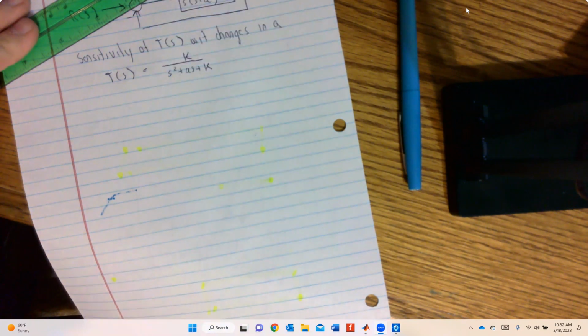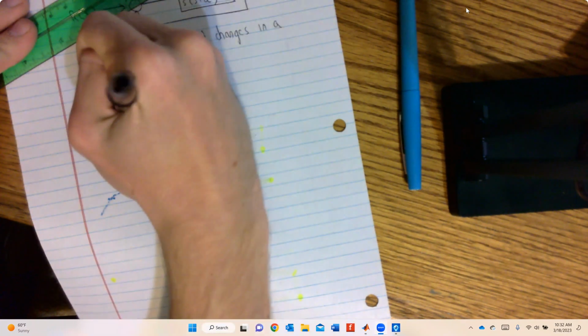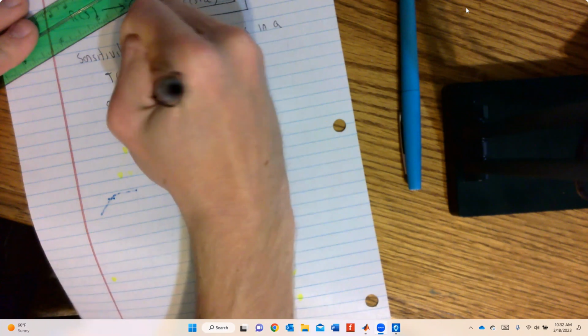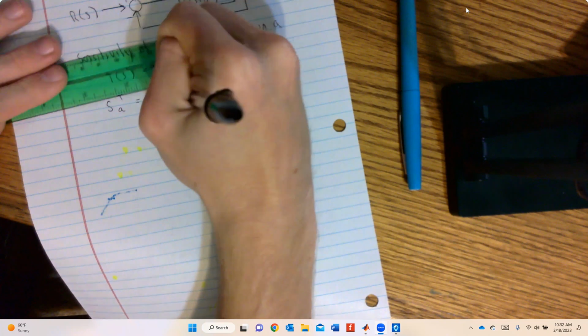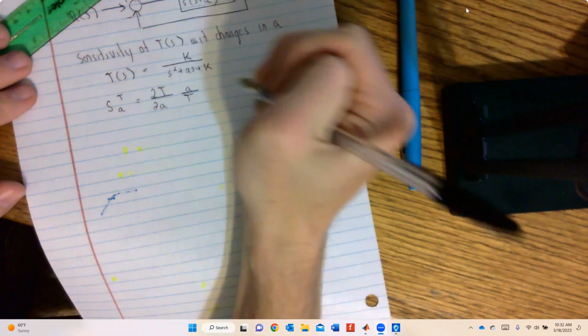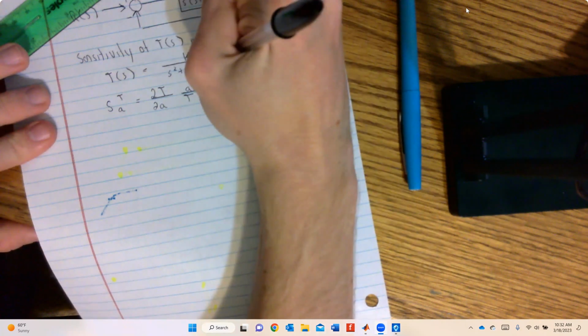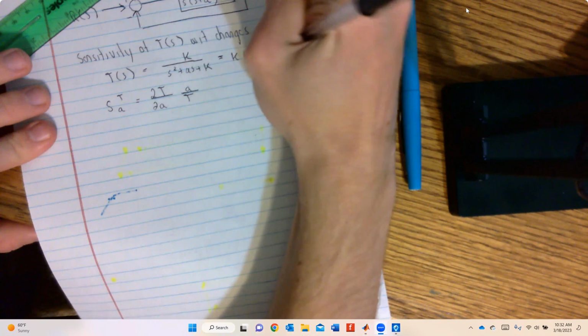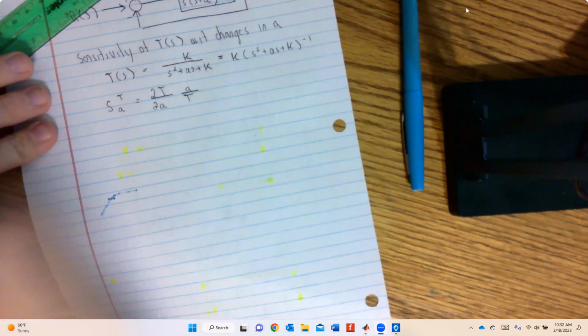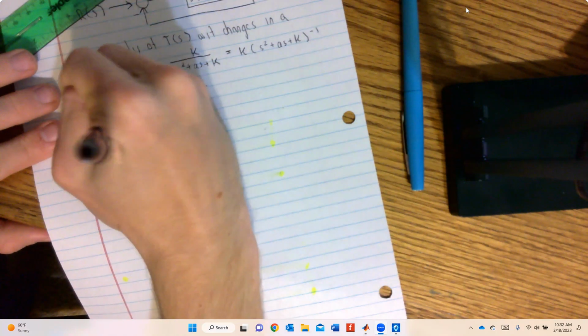When we take the sensitivity of the transfer function with respect to A, it's the partial of T with respect to the partial of A, multiplied by A over T. So we have to take the partial of T. I'll rewrite this to make it simpler: K times (S squared plus A S plus K) to the power of -1.